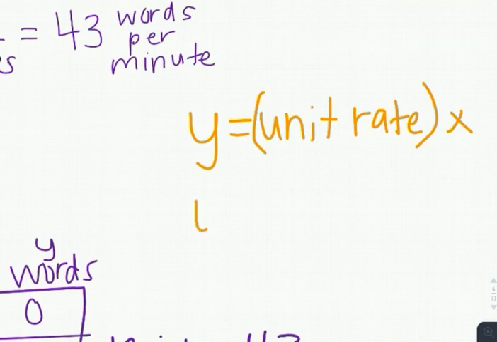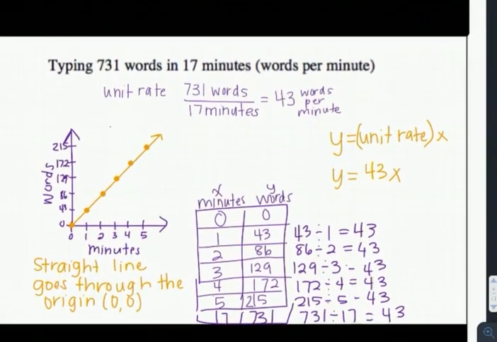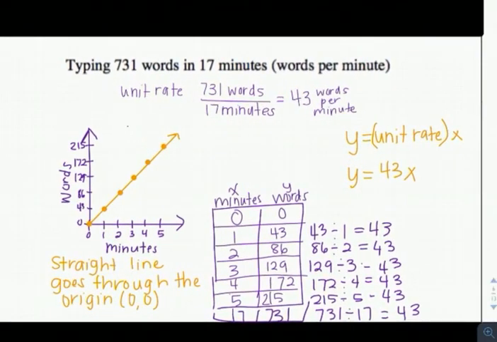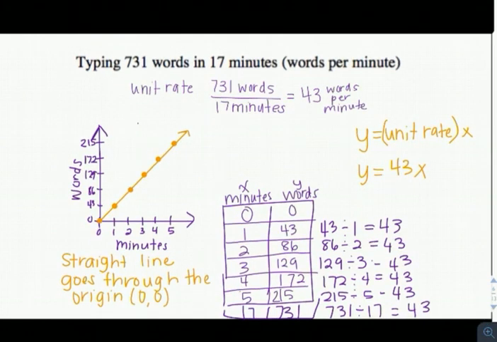So we're going to put y equals, my unit rate is 43, so I have 43 times x, or y equals 43x. So those are all the different pieces of the proportional relationship. Having any one of those is going to help you determine if the relationship is proportional or not. So those are some examples of all 4 things.